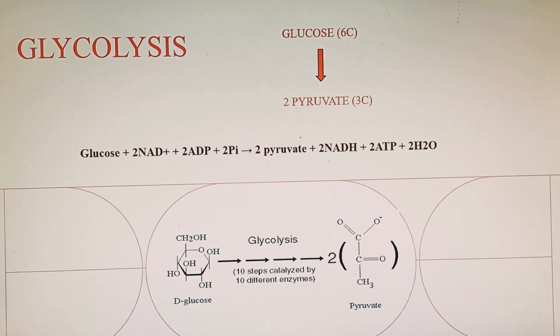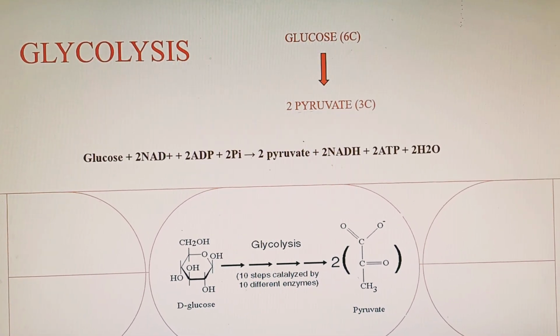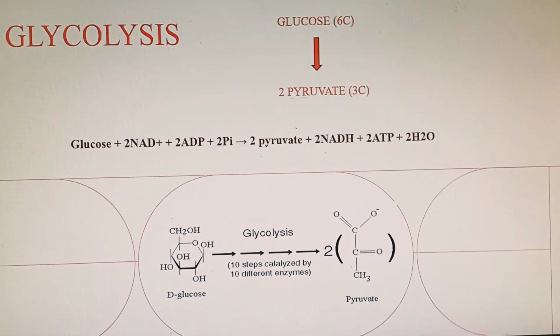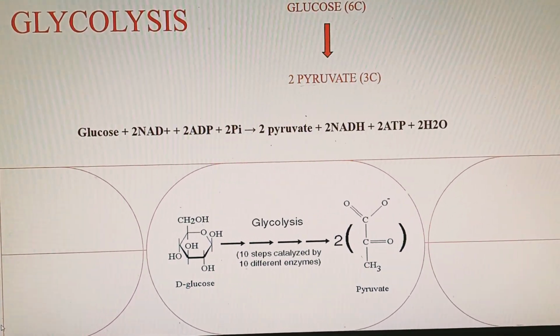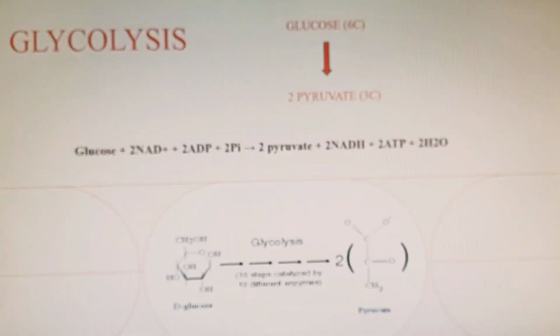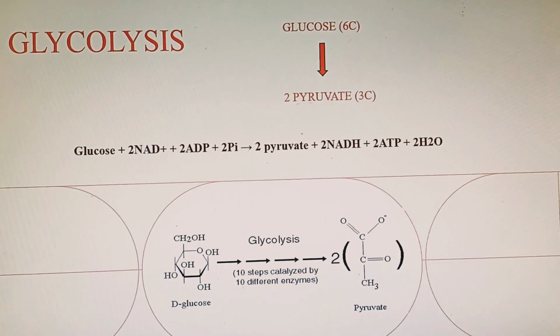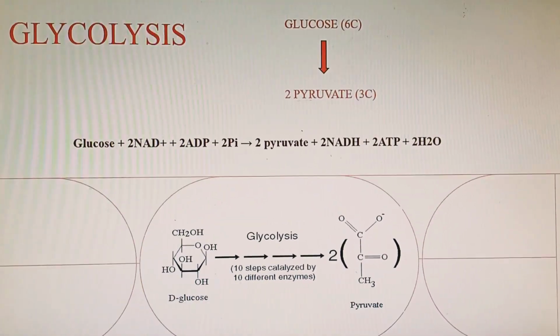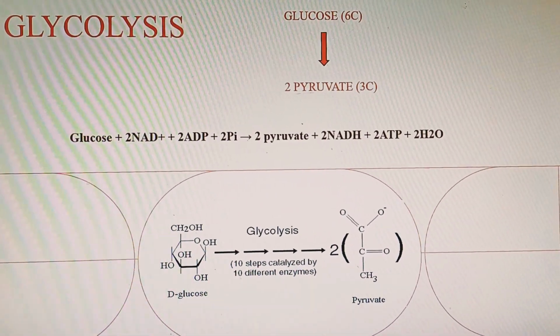From 1 molecule of glucose we are getting 2 molecules of pyruvate, and there is a net gain of 2 molecules of ATP and 2 molecules of NADH, and the pyruvate can then enter into another metabolic pathway depending on the cellular condition. What are the conditions? That is whether it's an anaerobic condition or an aerobic condition.